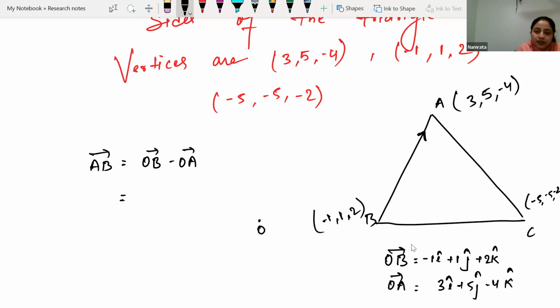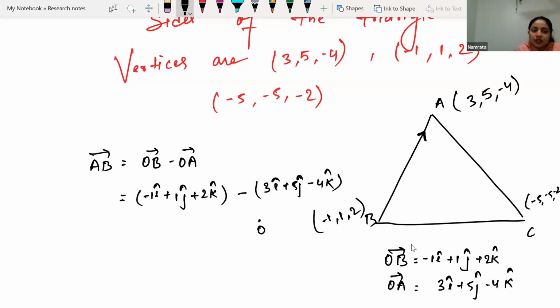So OB is -i, directly you can write, plus 1j. If you want to write 1 you can, otherwise you can skip writing 1 in front. Minus OA, that is 3i plus 5j minus 4k. The equation of the line AB in vector form, we are writing it, nothing else.